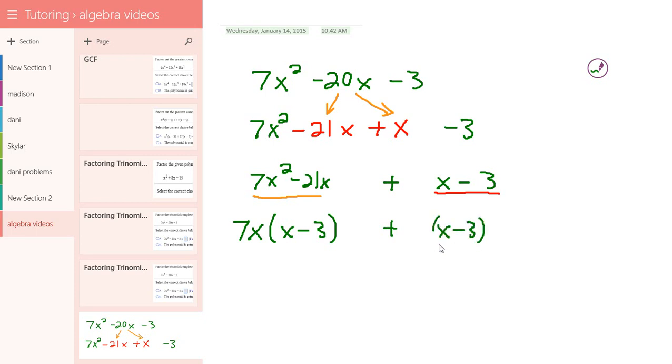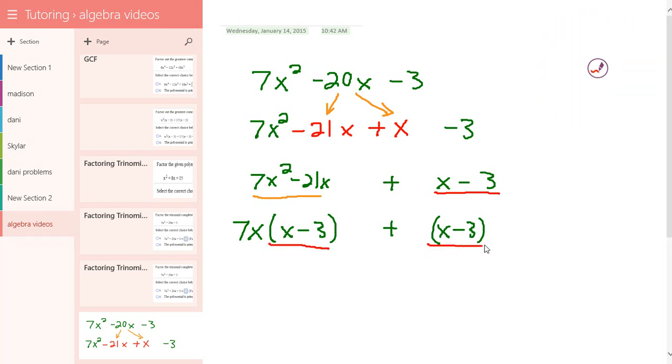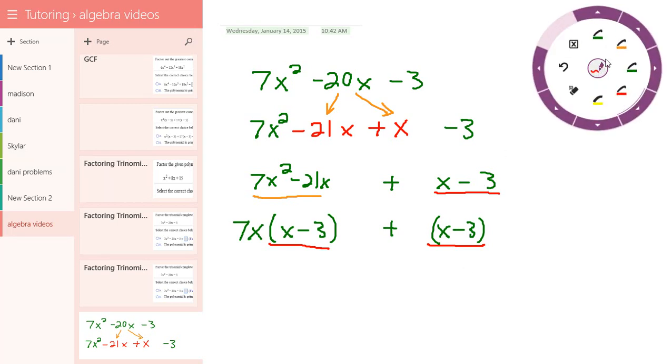And then we see that both of these terms have an x minus 3 in common. So, like the last problem in the homework, I'm going to pull out the x minus 3.